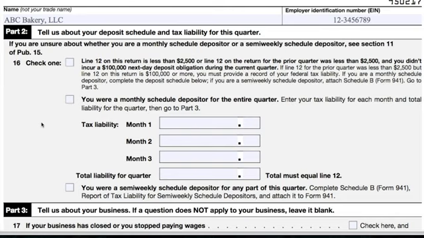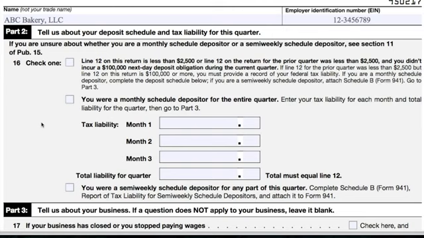You'll either follow a monthly or semi-weekly deposit schedule depending on the amount of taxes that you pay during a 1-year look-back period, which is July 1st through June 30th. If your taxes during that period are $50,000 or less, then you're a monthly depositor. If your taxes are more than $50,000 during that period, you're a semi-weekly depositor.